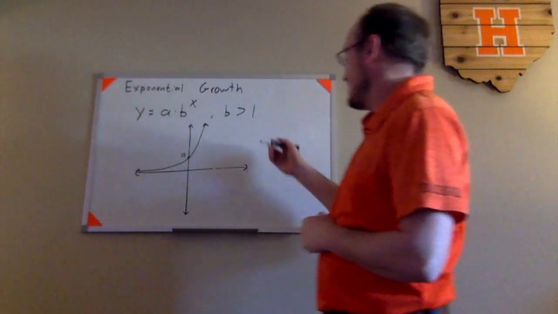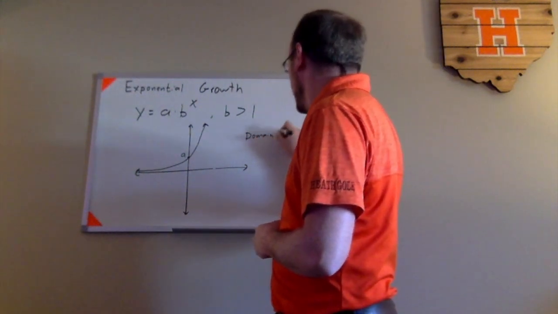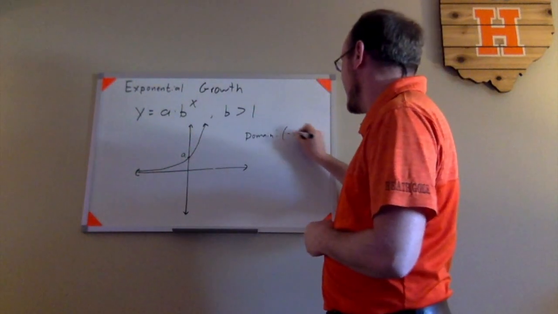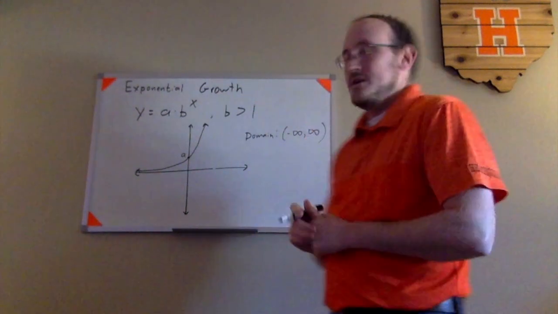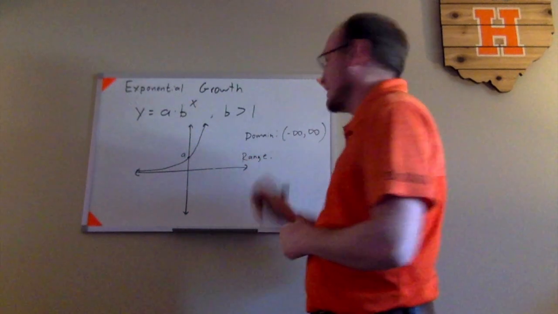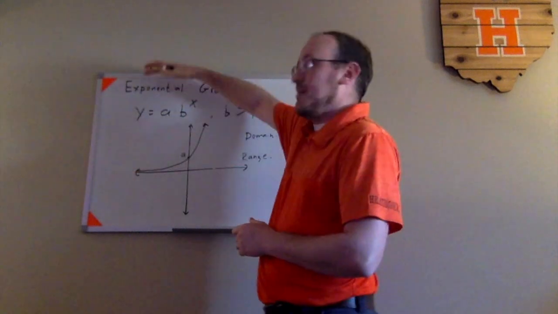If I wanted to make statements about the domain of this function, the domain would be all real numbers. So in interval notation, that would be negative infinity to positive infinity. And the range of this function, the range being the y values: this graph goes from here up like that.